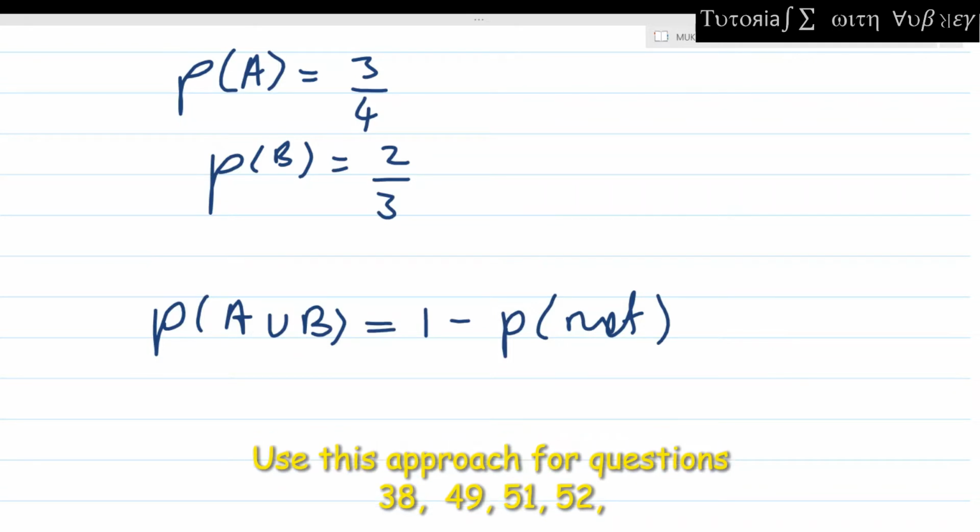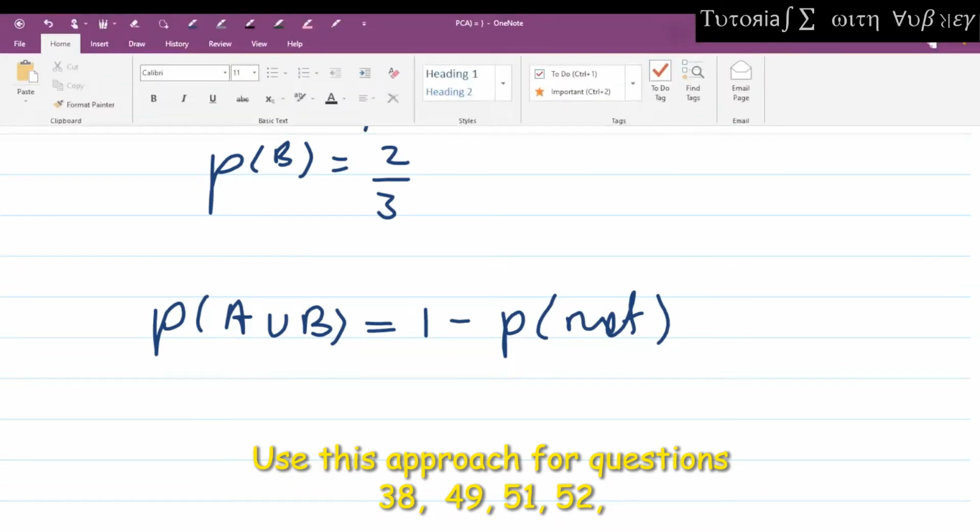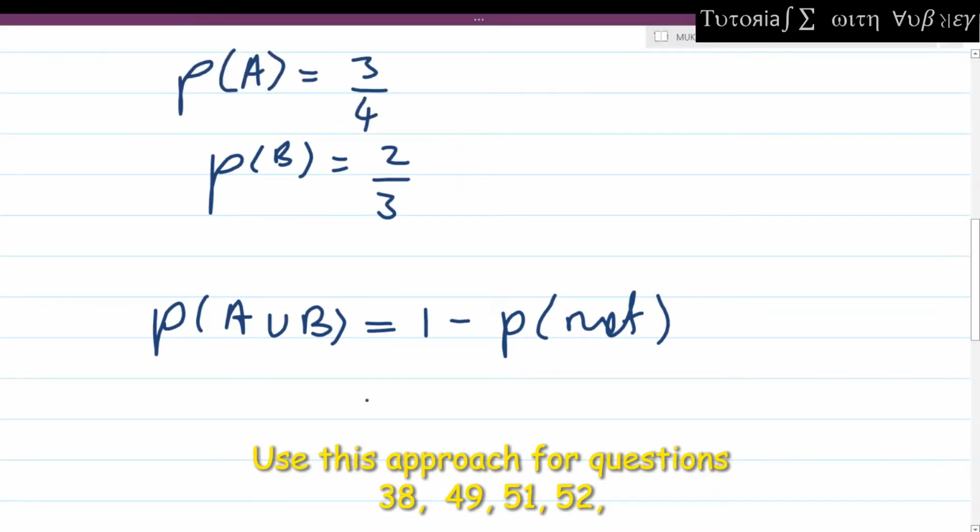The simple explanation here is that the total probability of an event happening is 1, that is 100%. Now in that 100%, when we remove the chances of not hitting the shot, what we are going to remain with are the chances of hitting the shot.